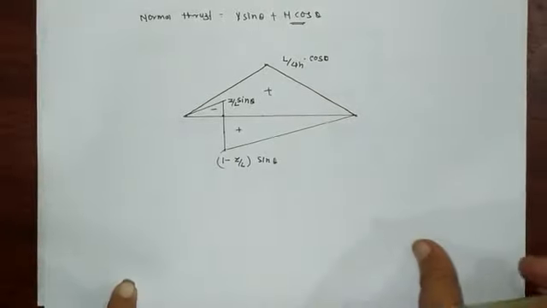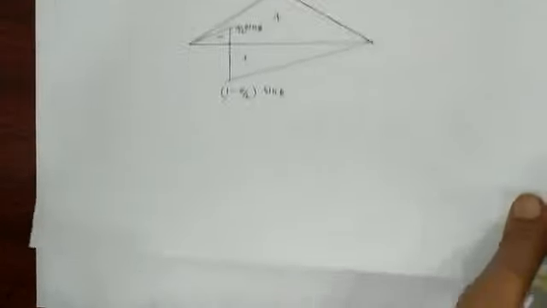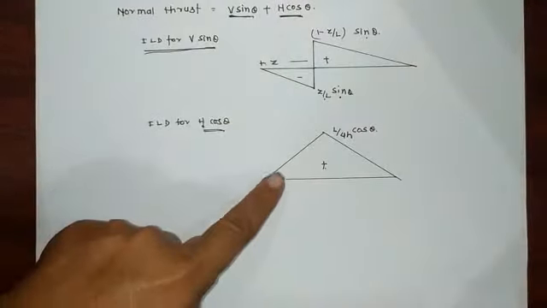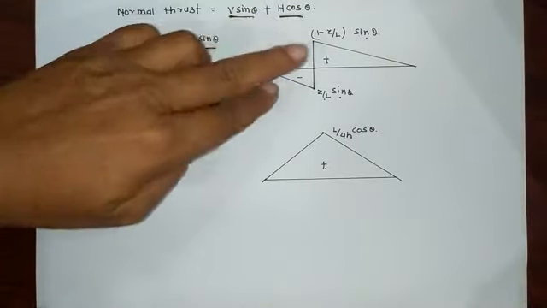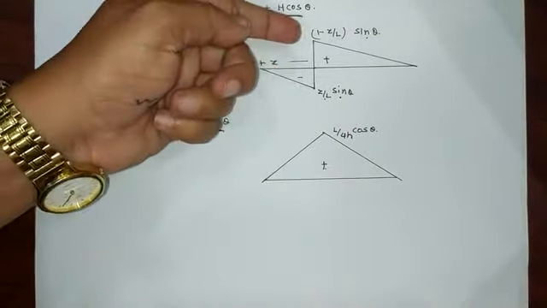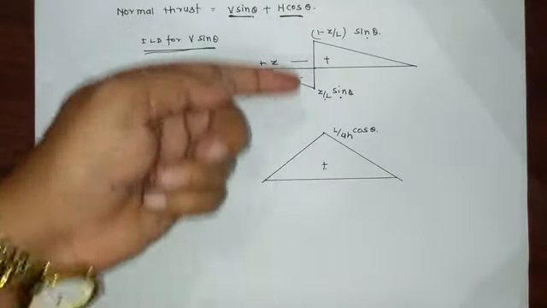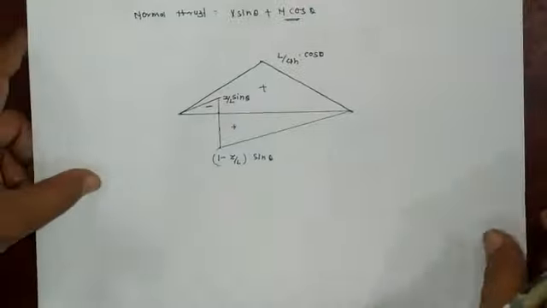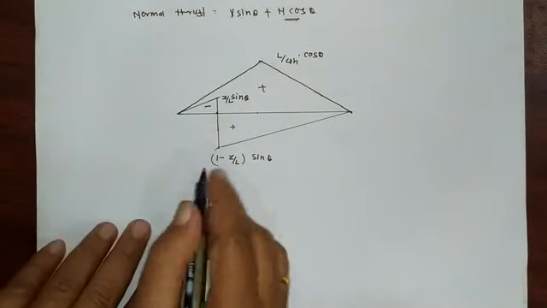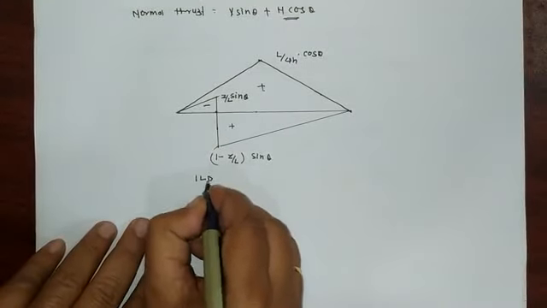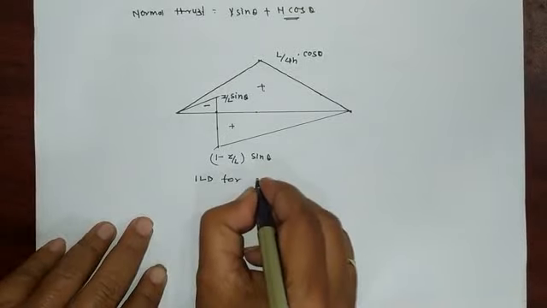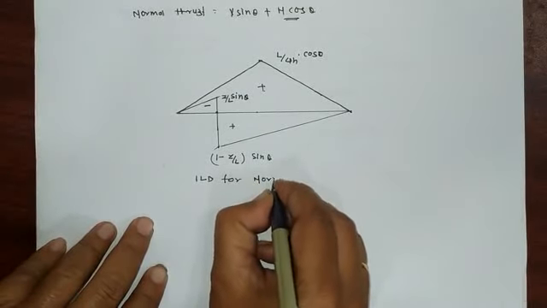So this is the superposition of these two diagrams; we have just reshuffled this diagram, negative above the line and positive below the line, because we want to superimpose both these diagrams. So this is the ILD for normal thrust.